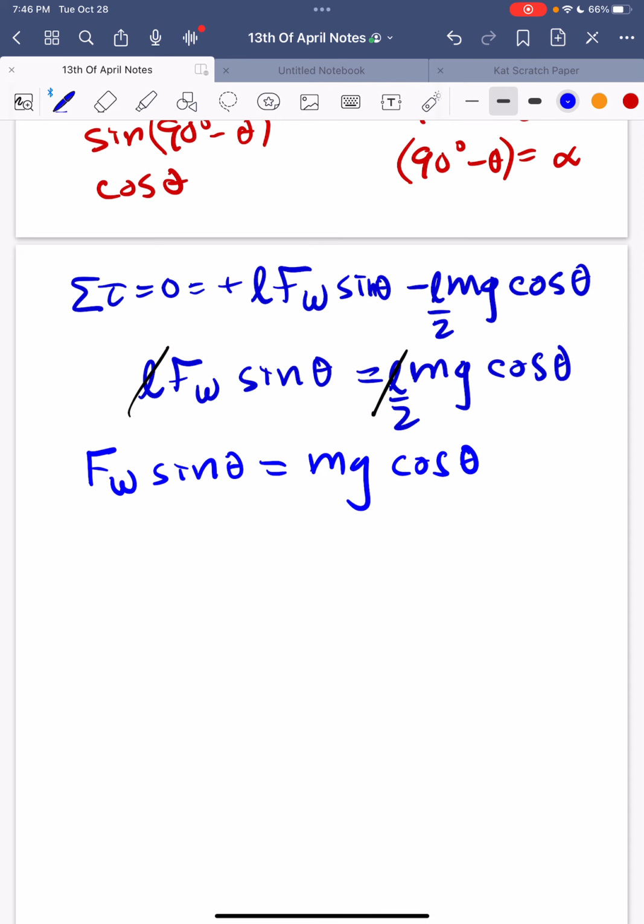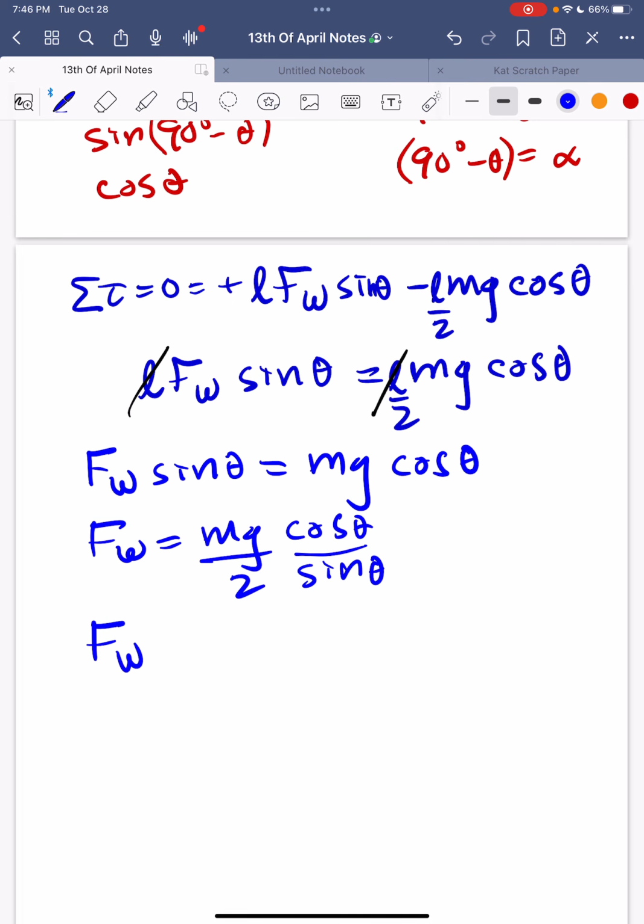Oh, sorry, force of the wall. I can say the force of the wall is going to equal mg cosine theta divided by sine theta, like that. And I've got a 2 here as well, still like that. And this ends up being the force of the wall equals mg over 2 times tangent of theta.